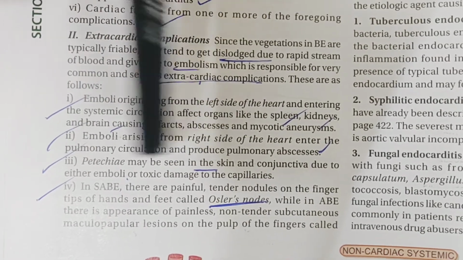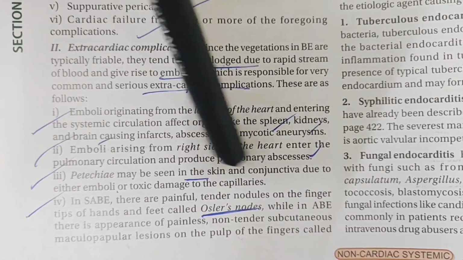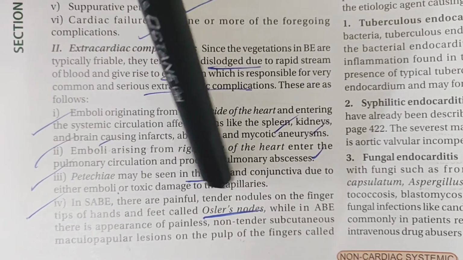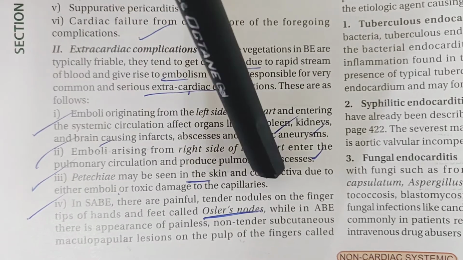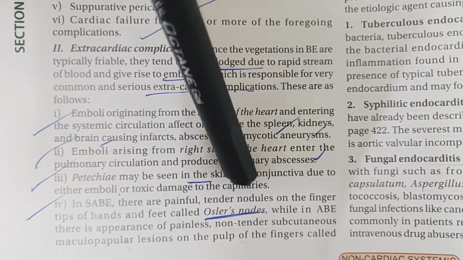Emboli arising from the right side of the heart may enter the pulmonary circulation and produce pulmonary abscesses there. Petechiae may be seen on the skin and conjunctiva due to emboli or toxic damage to the capillaries.